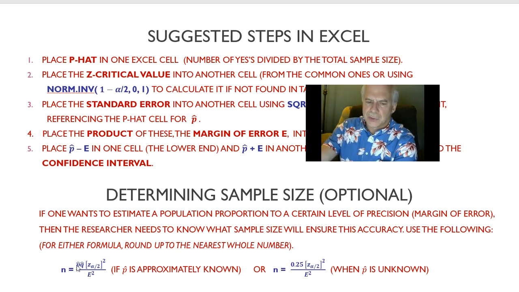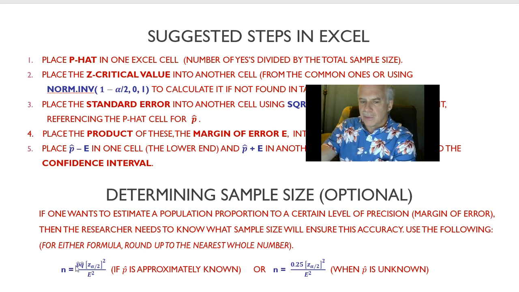So you could use p hat to be 0.6. Q hat would be 0.4, 1 minus p hat. And then the critical value, that depends on your confidence level, but figure out the critical value, square that, and also square the margin of error and put it on the bottom, and you just divide that, and it comes out to a value for n.